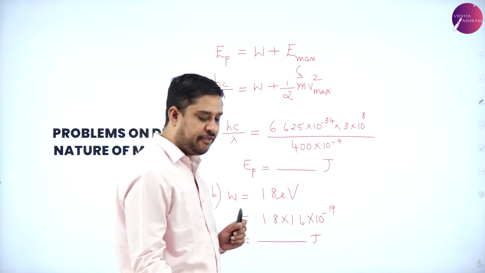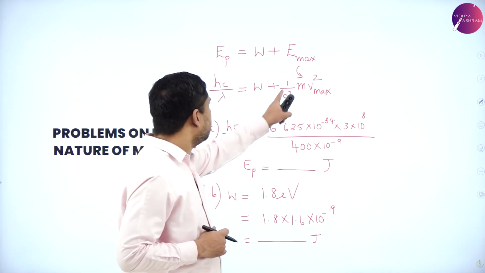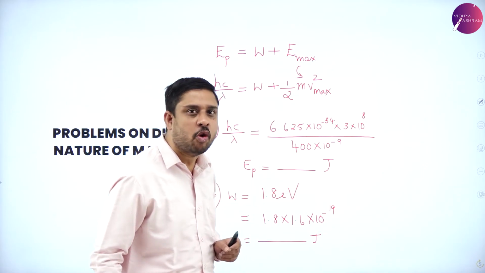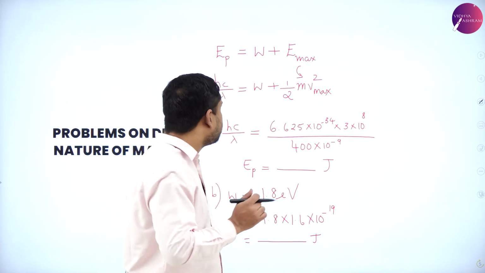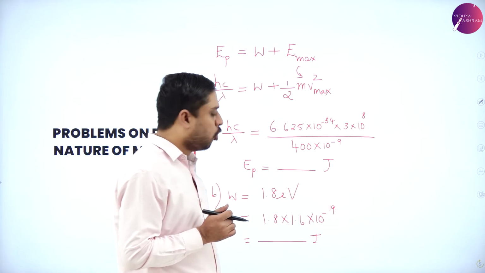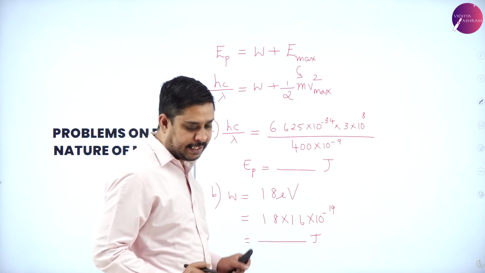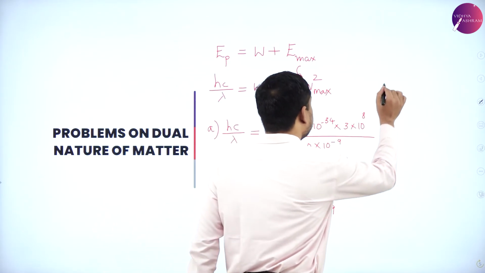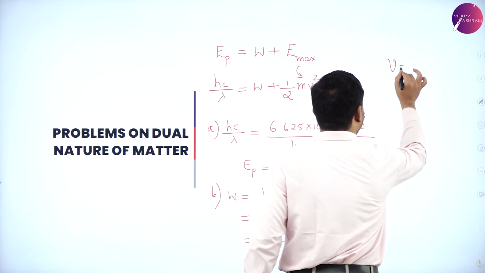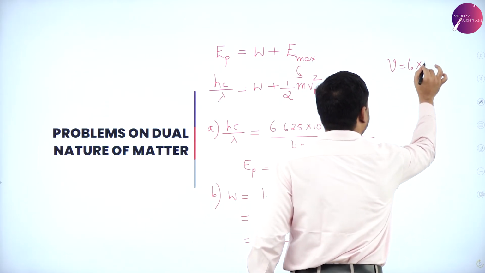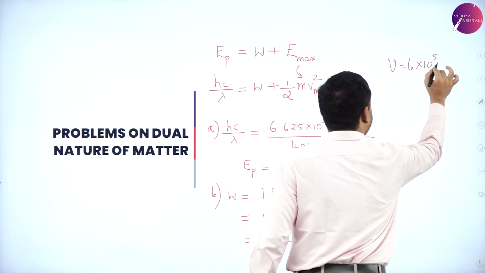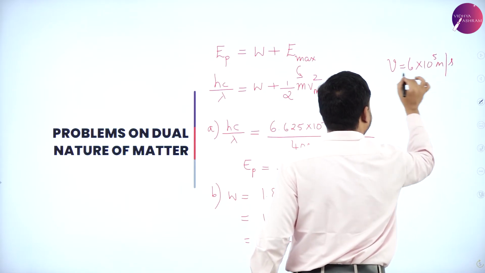So on simplification, mass of the electron is known. So substitute here. So this becomes 6.7. So velocity becomes 6 into 10 power 5 meter per second.